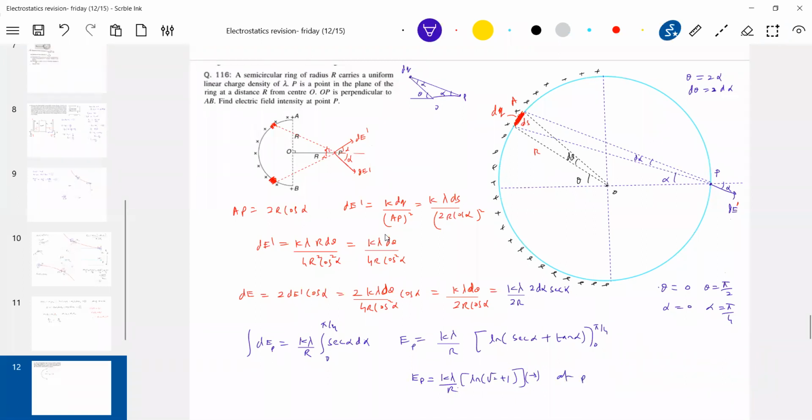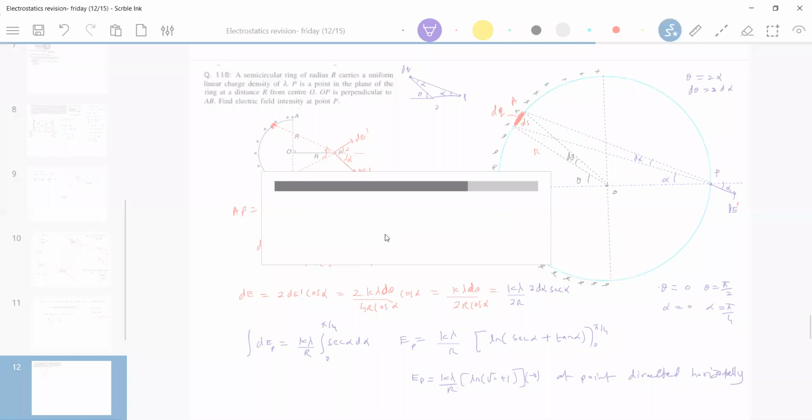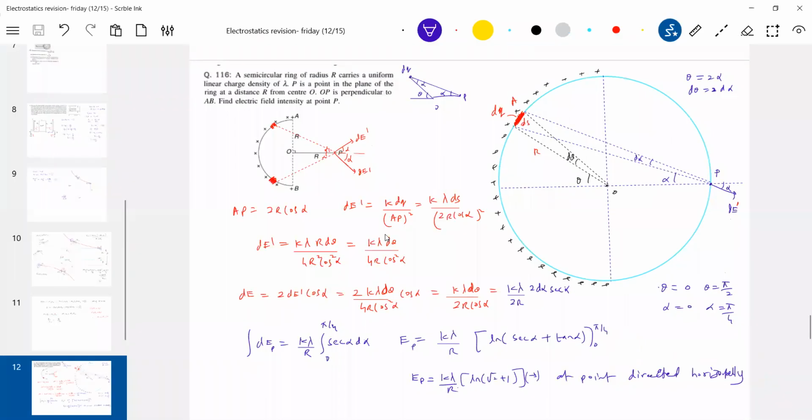At point P, the field is directed horizontally. I think this is very important. If this doesn't strike you, I think nobody can help you. The whole problem just revolves around this one.